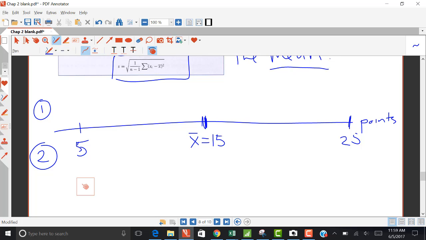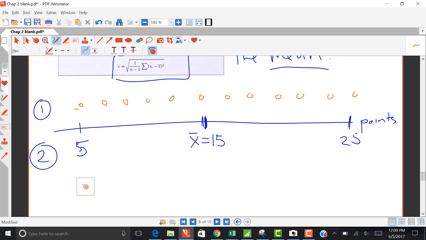Now, first let me show you what player 1's games were like. He had a 5-point game, a 7, a 9, 11, 13, a 15. You see that he scored evenly. Each one of these represents him scoring.